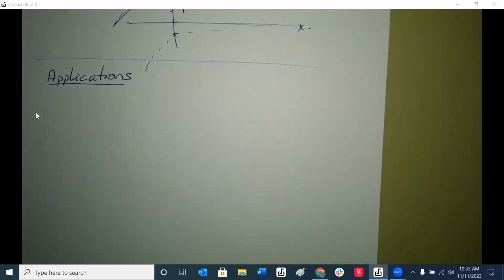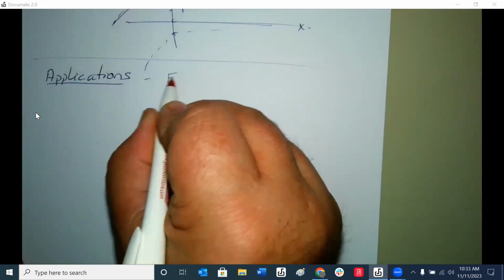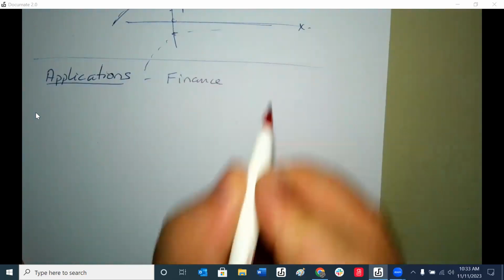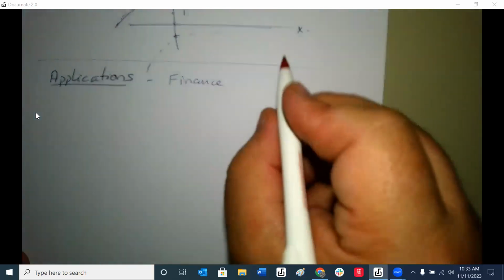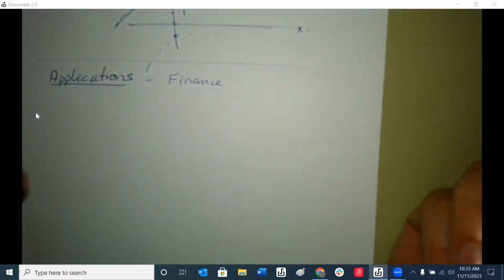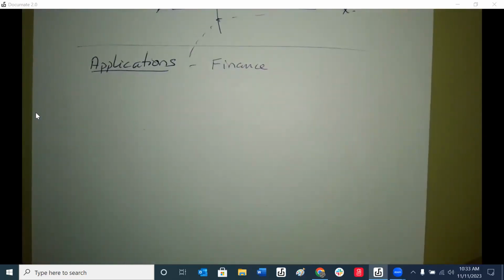Exponential functions are used a lot in the real world. Mostly we use them in finance. Whenever you borrow money or buy a car or buy a house, you have to pay interest.